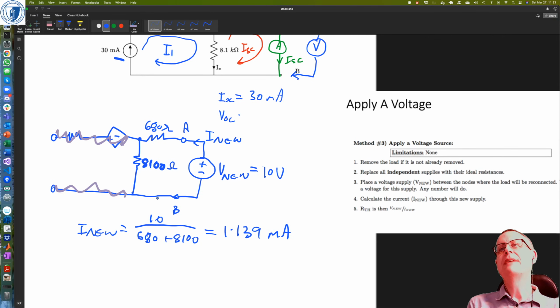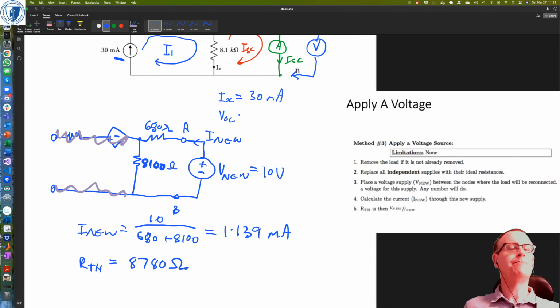In fact, I can already see what the RTH is. It's really just 680 plus 8100. So there's my RTH.